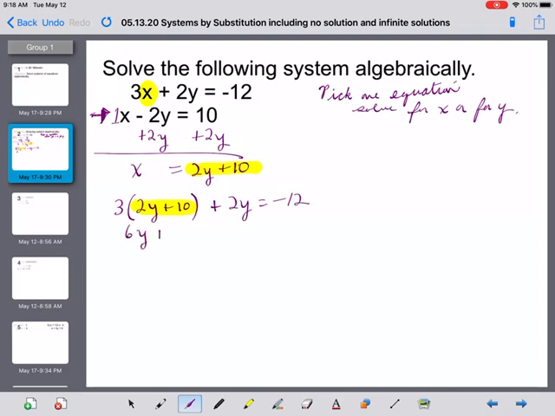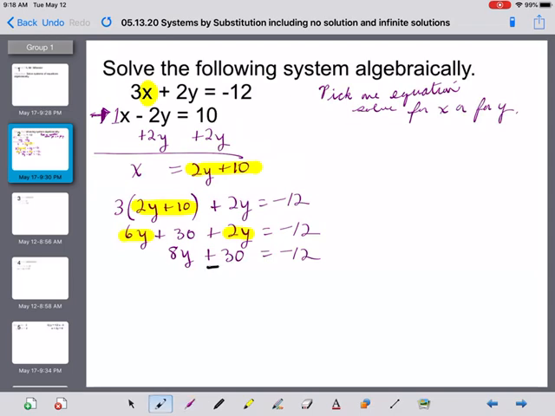So now you get 6y plus 30 plus 2y equals negative 12. So we just distributed. Now we can combine the like terms. 6y plus 2y is 8y plus 30 equals negative 12.